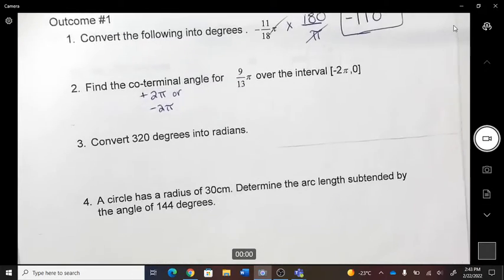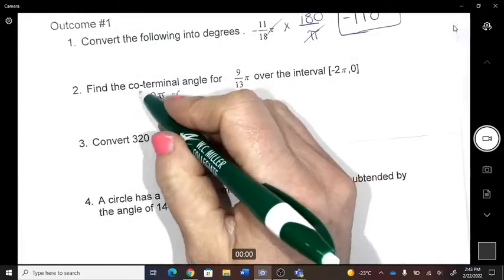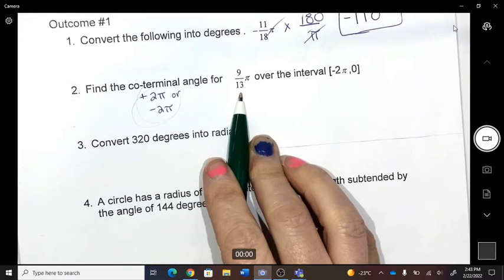Okay, so we're going to be making movements of 2 pi, because that's a full circle, and if you move a full circle, you're in the same spot. Okay, can you figure out how to change 2 pi to match your fraction?